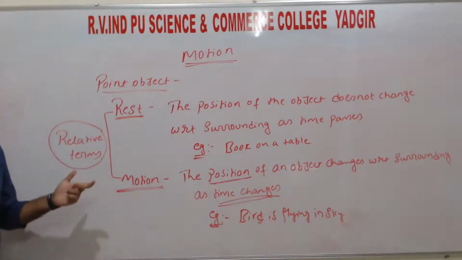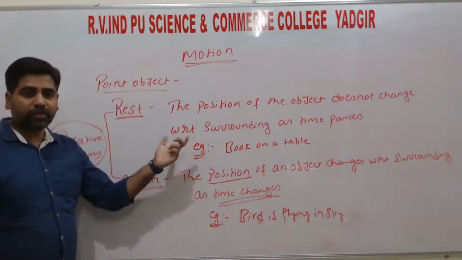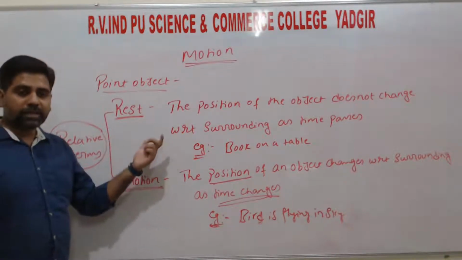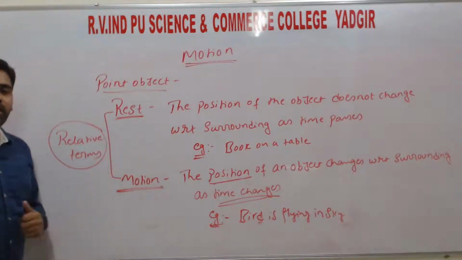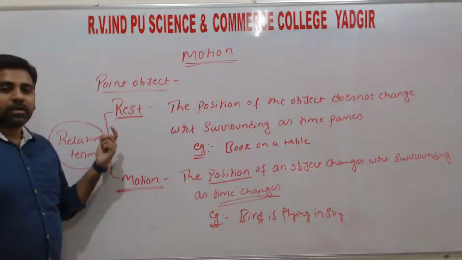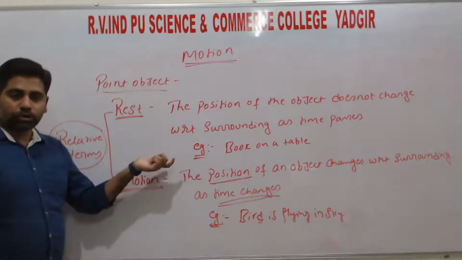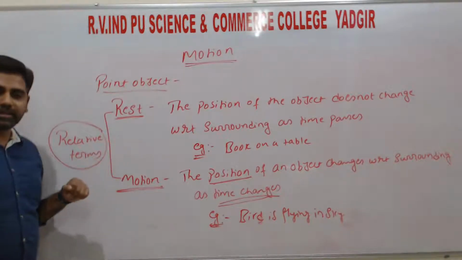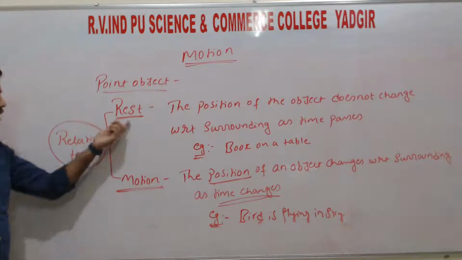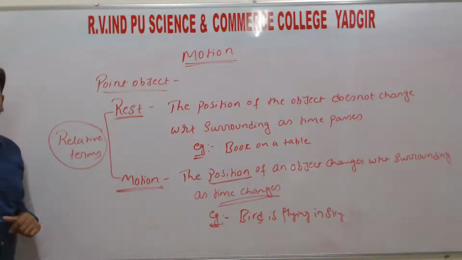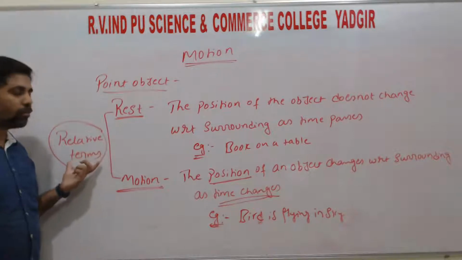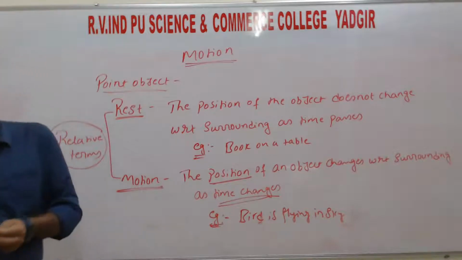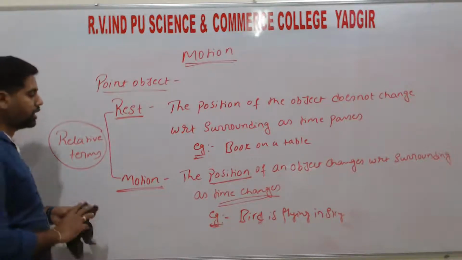As the train is moving, for the co-passengers we are at rest, but for an observer standing outside the train, the train is moving. That means those two passengers are in motion, but relative to each other, the co-passengers are at rest. For that reason we call rest and motion relative terms. This is the example for the relative terms. So next, types of motion.